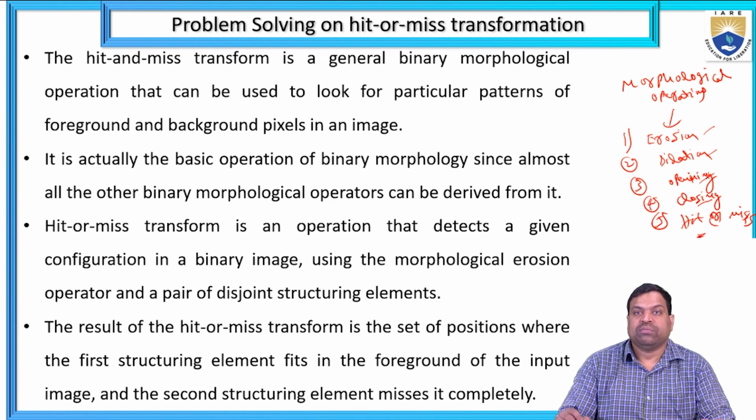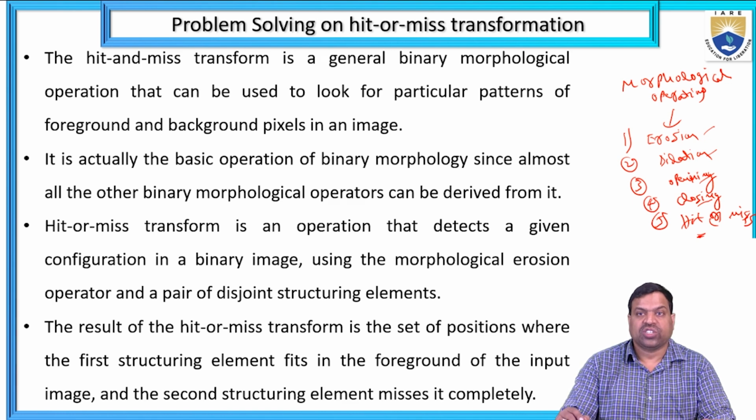Hit or miss transform is a general binary morphological operation that can be used to look for particular patterns of foreground and background pixels in an image. It is the basic operation of binary morphology, since almost all the other binary morphological operators can be derived from it.